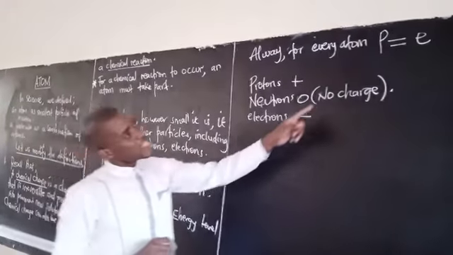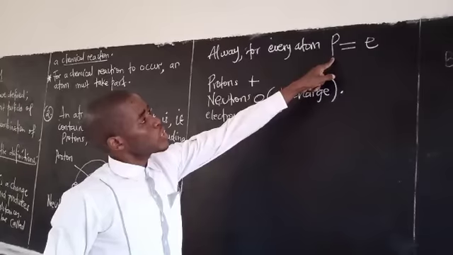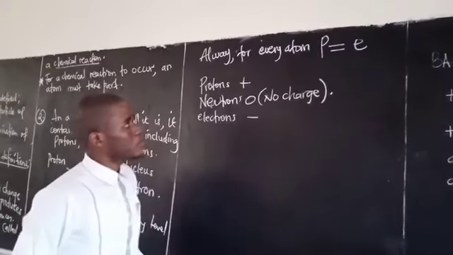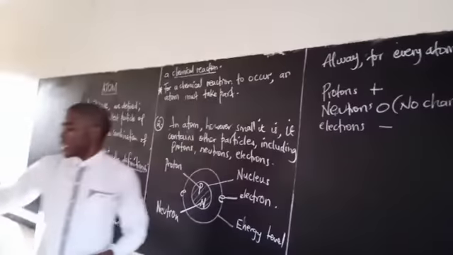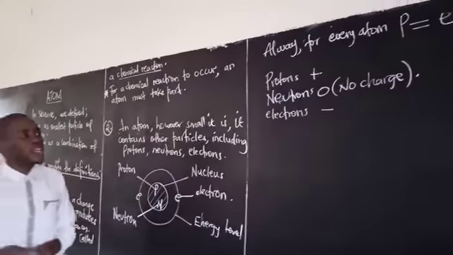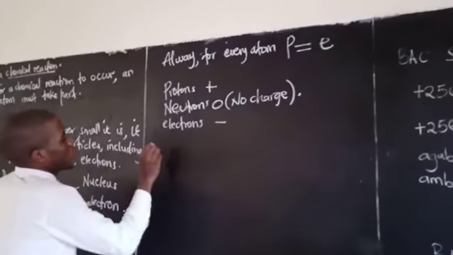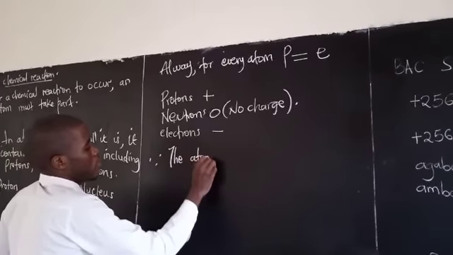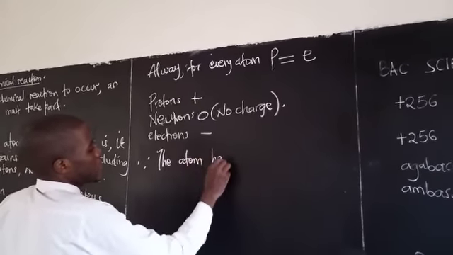So, since protons are equal to electrons in every atom, it will be seen that the atom has a resultant charge of 0.